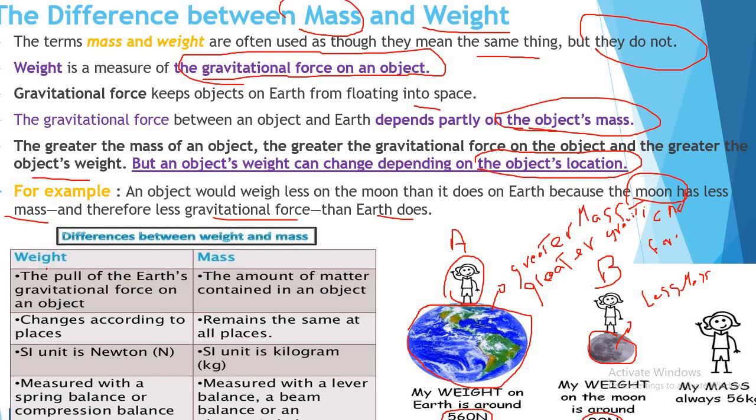This is a comparison between weight and mass. Weight measures the gravitational force on an object, but mass measures the amount of matter contained in an object.